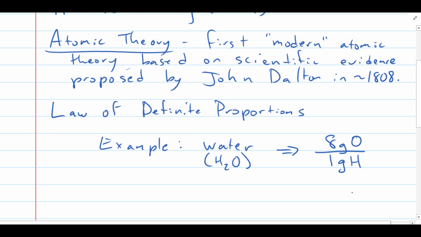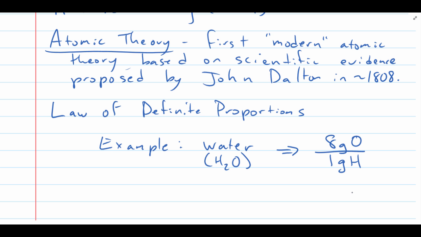And it didn't matter where that water came from. Remember that in the early 1800s now, we've started some world travel. And people now have been to all parts of the earth. And when water samples were collected and analyzed, it was found out that that variation didn't change.